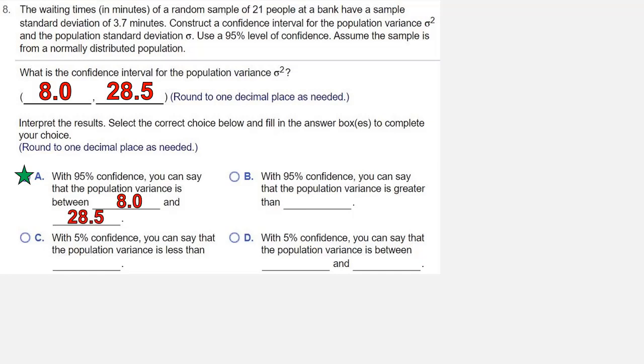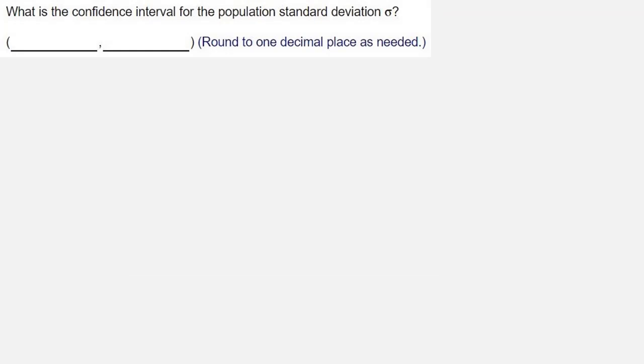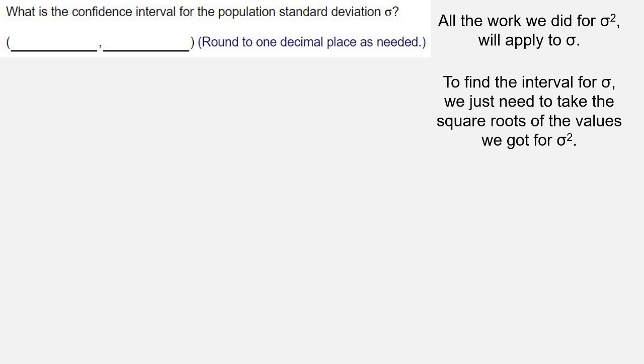Let's move on to the standard deviation. We've done a lot of work for the variance, and thankfully, we get to use all of that work to help us with the standard deviation. Remember the relationship between the variance and the standard deviation. The standard deviation is always the square root of the variance. So if we take the inequality statement that we had for the variance, and we take the square root of each part, we'll get the confidence interval for the standard deviation.